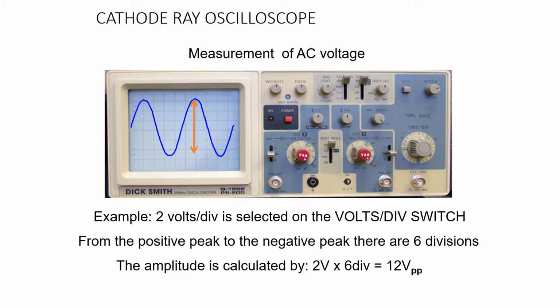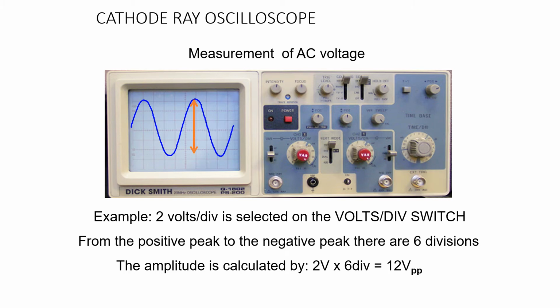In this example, supposing the volts per division control is at 2 volts per division. Now, I want to measure the amplitude of this AC voltage. From the positive peak to the negative peak, there are 6 divisions.